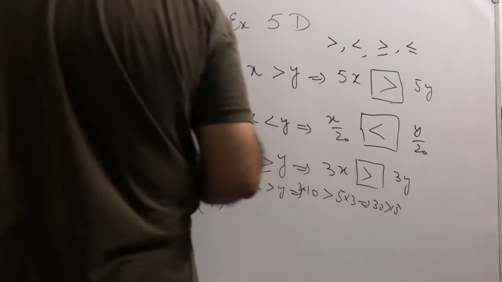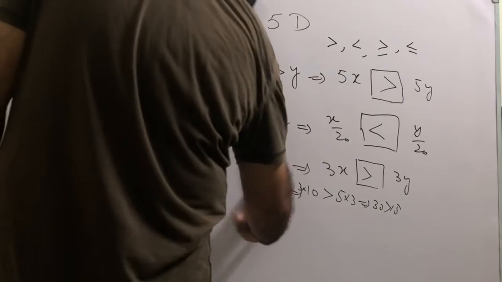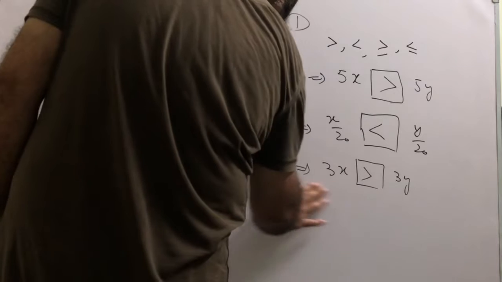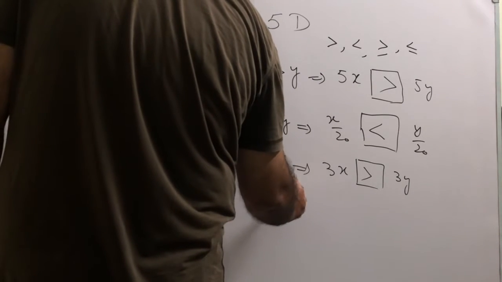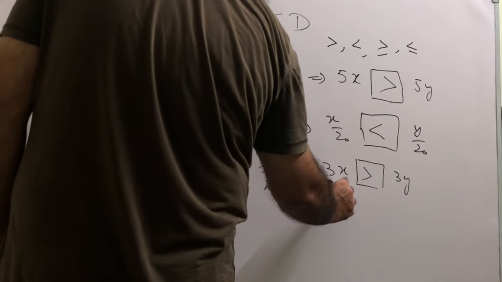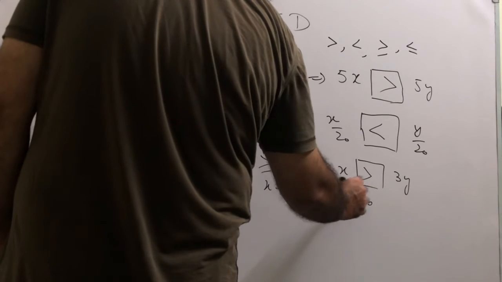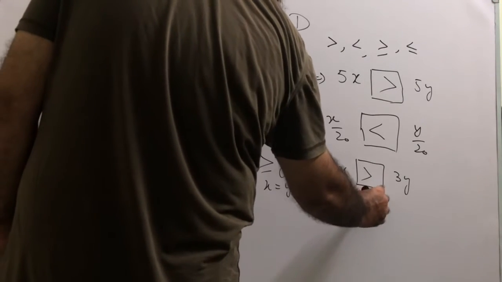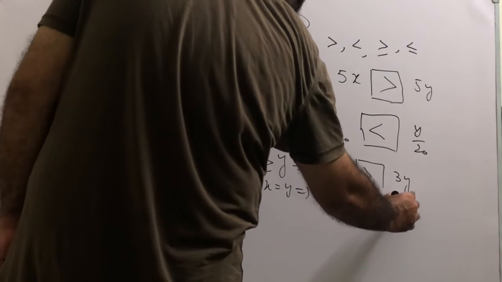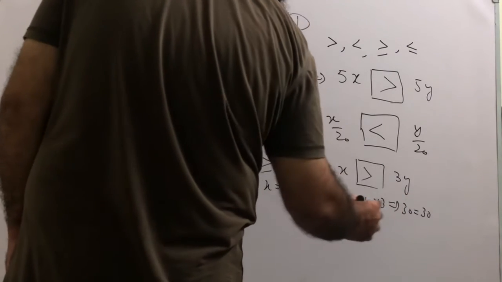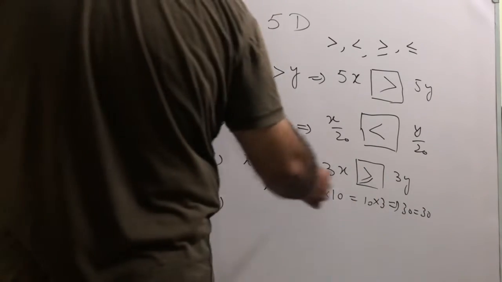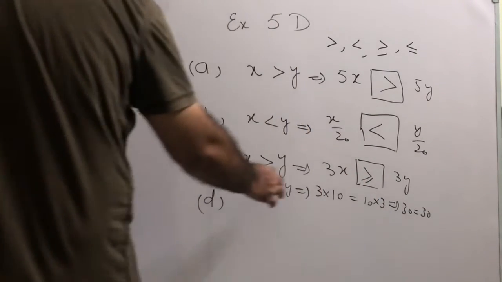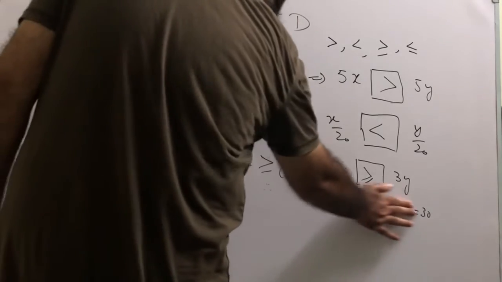Now if we say that x is equal to y, meaning 10 is equal to 10, if we multiply both sides by 3, the result is 30 is equal to 30, still the equal sign. So we'll put the greater or equal sign here. Hope you got understanding with this example.